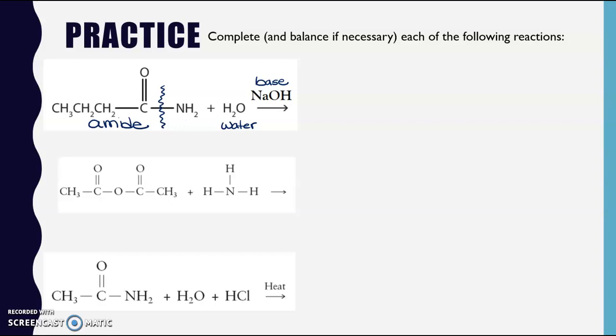This isn't necessarily how it reacts, but I like to think about breaking the amide into its 2 components and then going back and considering the basic situation. So if I'm going to break an amide, I'm going to generate the carboxylic acid from whence it may have been derived.